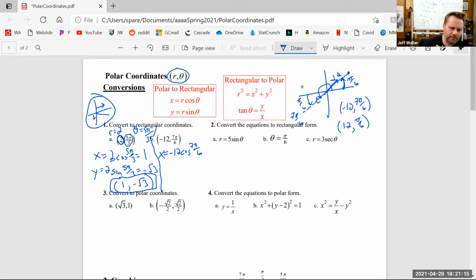All right, let's finish this out. So now I know the answer should come out to be positive because I'm in the first quadrant really. But when I do this, cosine of 7 pi over 6 is going to be negative, but it's going to cancel with that negative. Does everybody see that? So I know the answer is going to be positive. So I could just do 12 times, and what's cosine of 30 degrees?